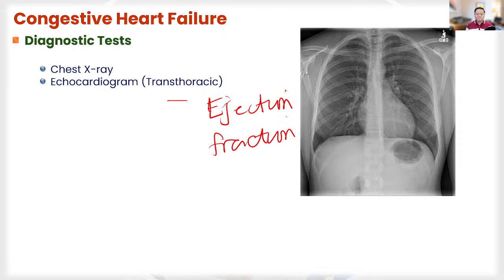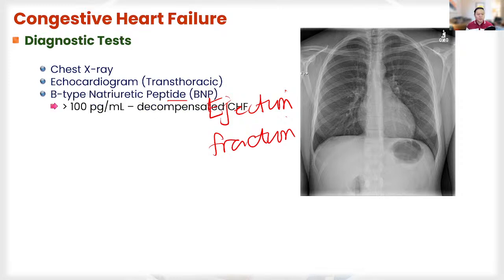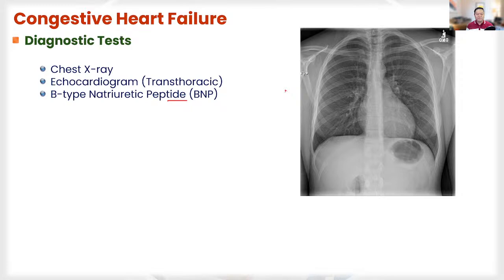Okay. Now moving forward here, we also have the BNP, the beta natriuretic peptide. Remember the value here? The BNP normally is less than 100 picograms per ml. Okay. However, if there is an elevation greater than 100 picograms per ml, this signifies that the patient has decompensated heart failure. So it simply means that there is worsening of the patient's HF.